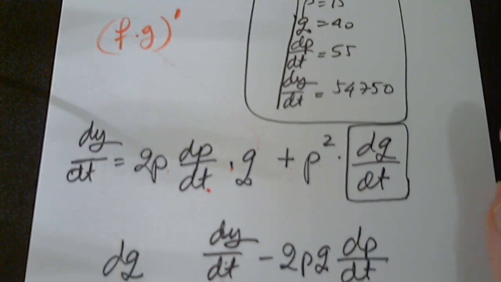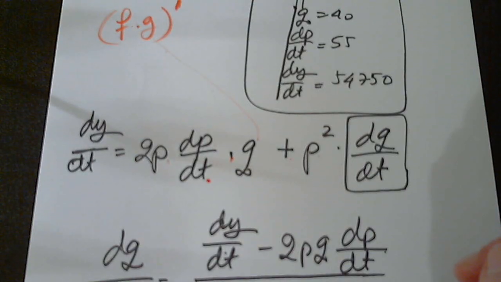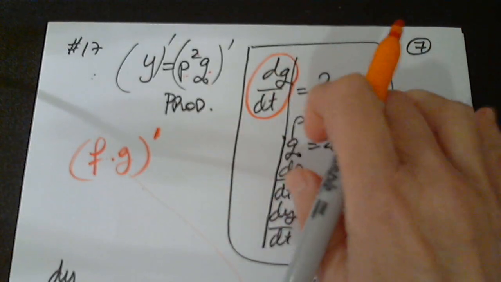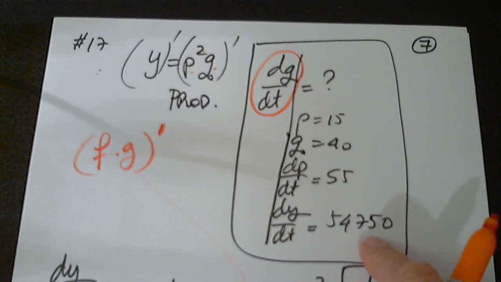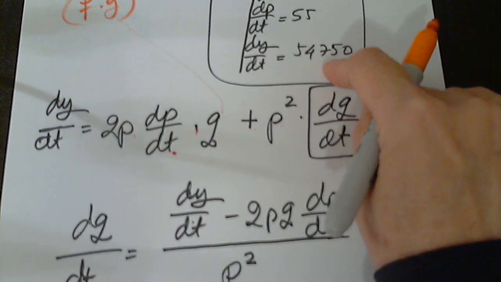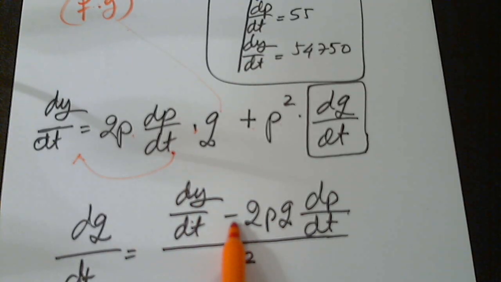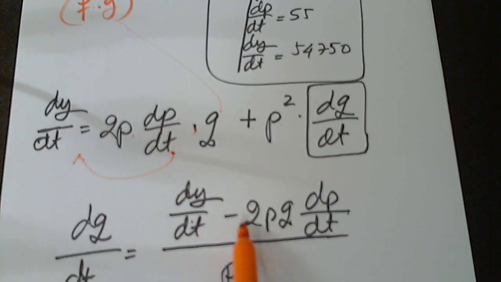Yes. Now, these are known. This is my variable. How do I know? I am asked to evaluate this for the given information. So I move this to the other side and it changes sign, and then I divide the whole thing, dy over dt minus 2pq dp over dt, everything over p squared.